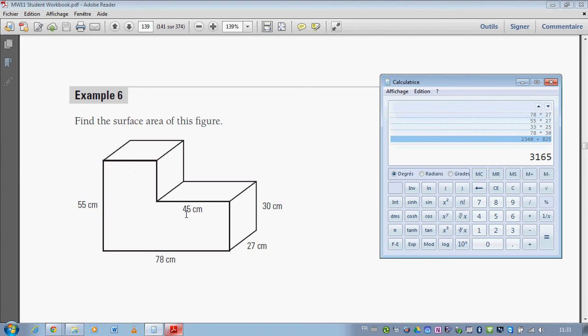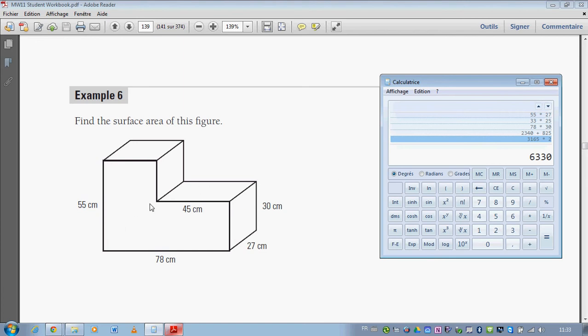We would actually take that 3,165 and then just multiply it by 2, because we do have another L shape in the back as well. So 3,165 times 2, that gives us 6,330. So the combined L shapes right here for the front and the back would have an area of 6,330.